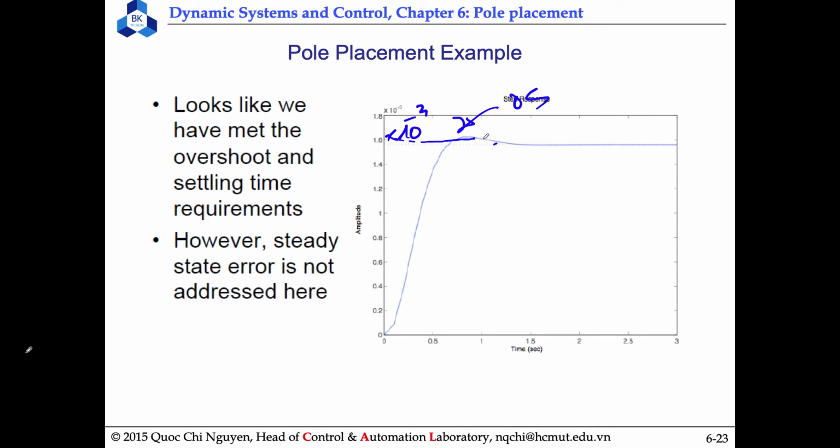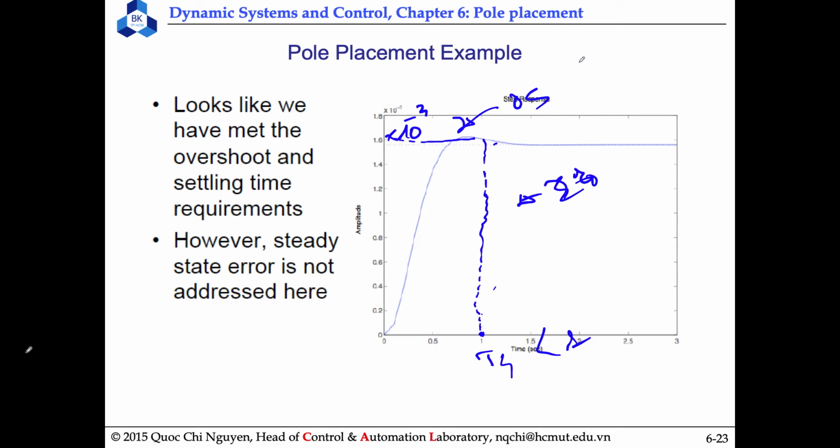Also, if we apply the 2% criterion, we also achieve Ts less than 1 second, right?